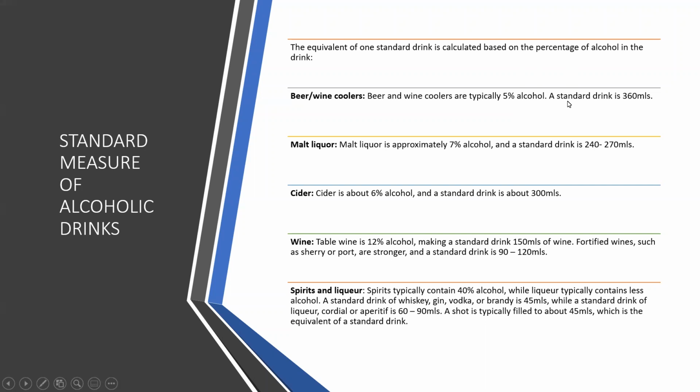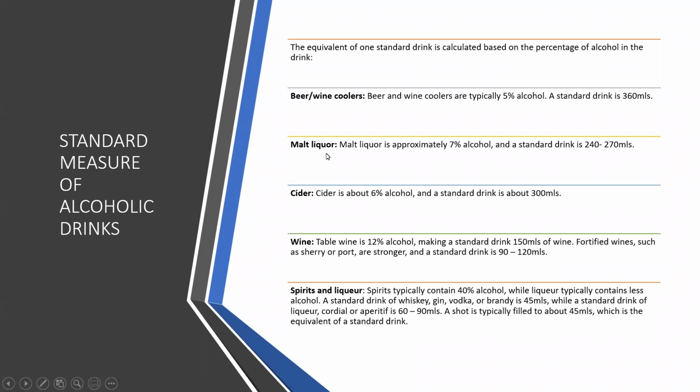So if a male patient is taking 4 of these 360 mils a day, that patient is considered to have increased alcohol usage. That's how you measure it in a patient.